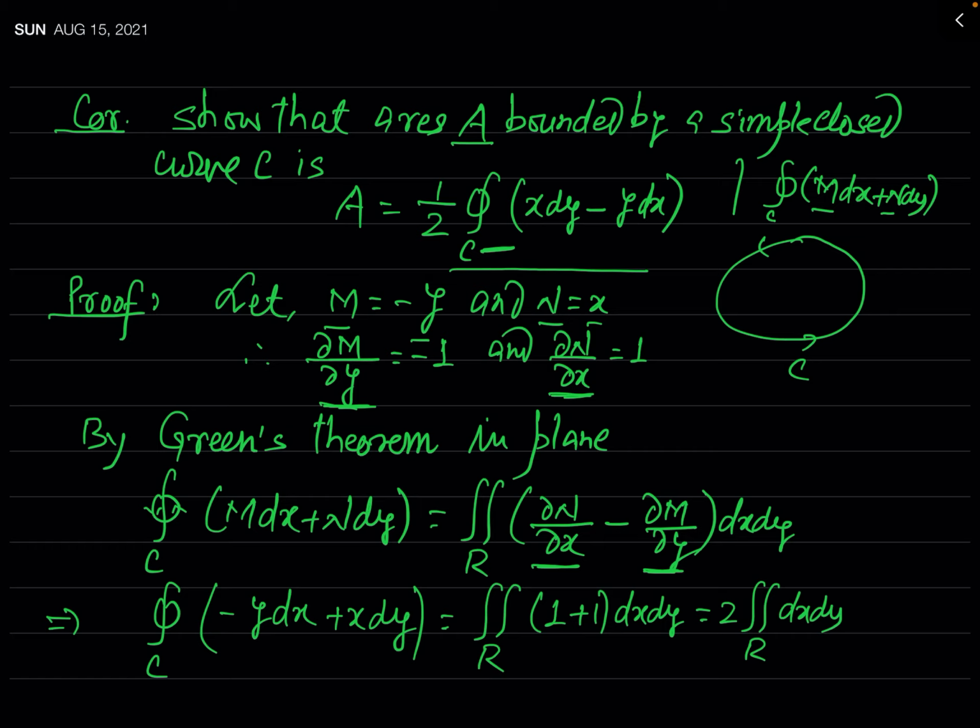If you consider a small element in this region whose length is dx and breadth is dy, then dx dy represents the elementary area of this region in the xy plane enclosed by the closed curve C. So instead of dx dy, you may write dA, where dA is the elementary area, dx into dy.